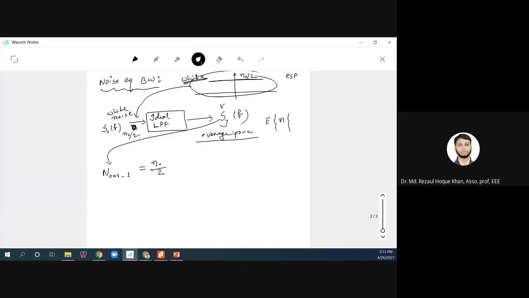And this is our ideal low pass filter. So let's see what its characteristics look like. What does an ideal low pass filter look like? Probably this, right? Because the ideal has a very sharp bend. This is our H(f), our transfer function.